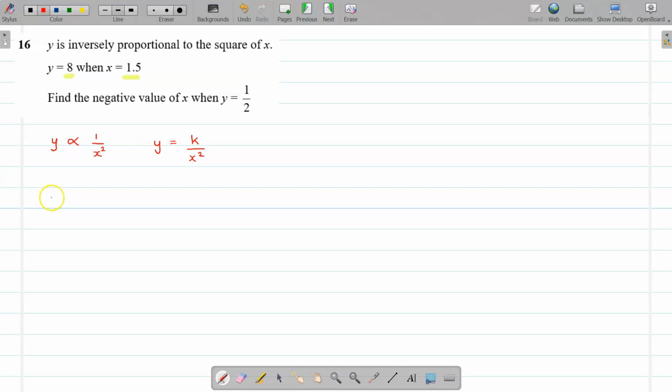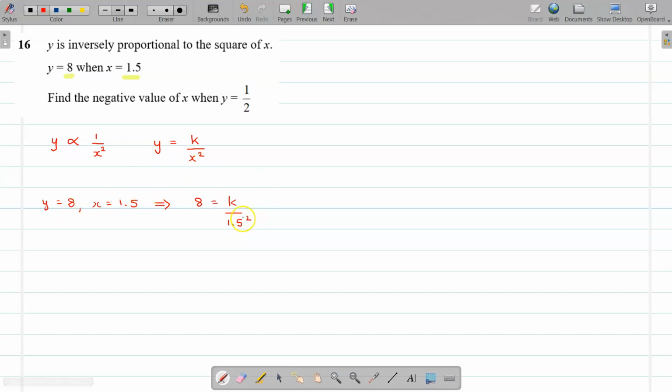So I say that when y equals 8, x equals 1.5, that implies that 8 equals k over 1.5 squared, replacing the x and y with those values.